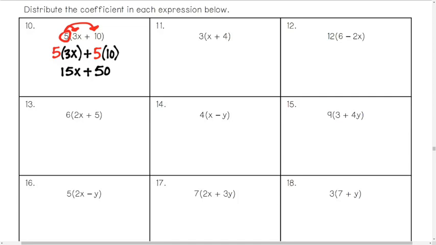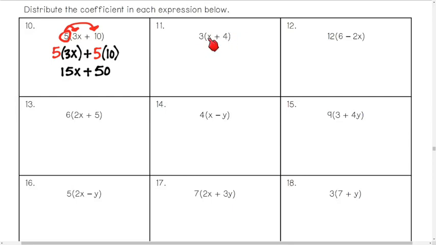Something that I haven't mentioned up to this point, and maybe I should have sooner: inside each of these parentheses, the reason we're distributing is because this is already simplified. I cannot combine an x with a 4 because they are not like terms. I have no idea what this number is, and I'm going to add 4 to it. If that number was 10, that would be 10 plus 4.